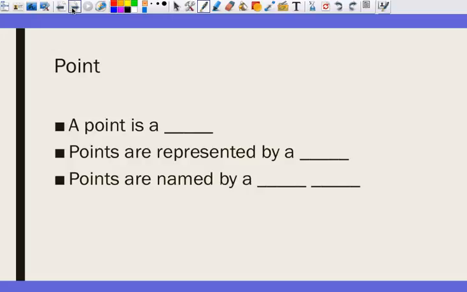No. Close. Very close. He's got it. A point is a location. Good job. Second person of all my people to get it. All right. A point is a location. What do I mean by that? Let's look at our Cartesian plane for a second.